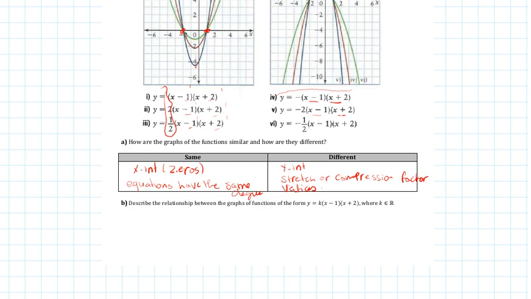So if we're going to describe the relationship between the graphs of functions of the form y equals k(x minus 1)(x plus 2), where k is an element of the real numbers, the only thing I can say is they have the same x-intercepts, right? And then we call these a family of graphs.